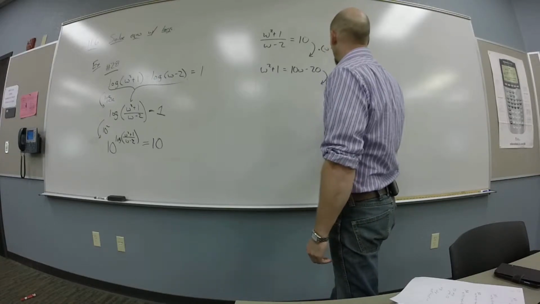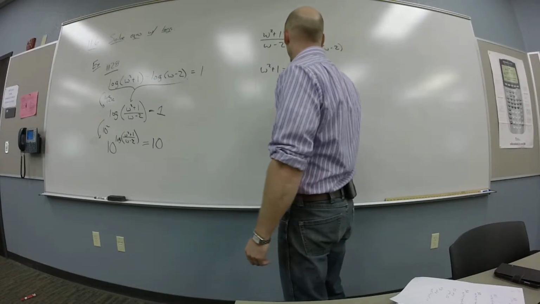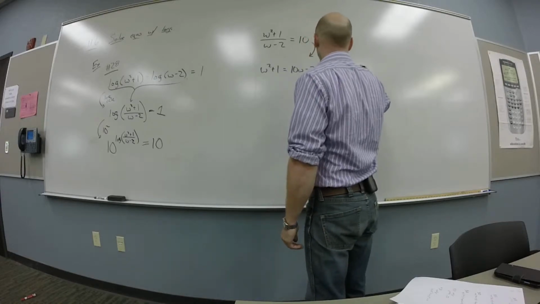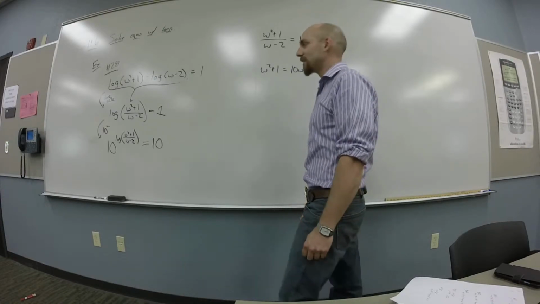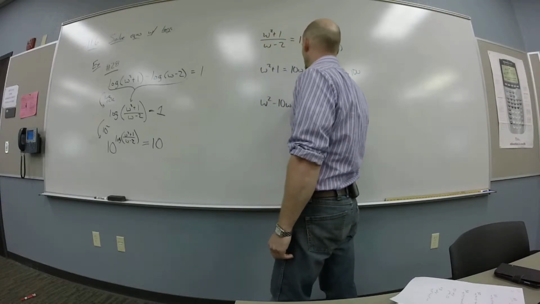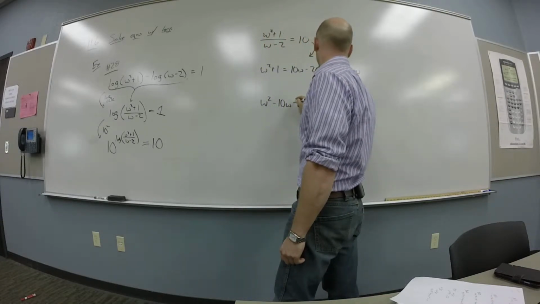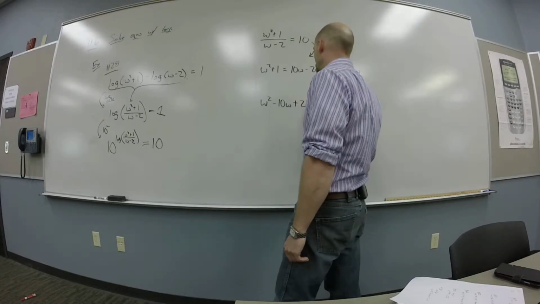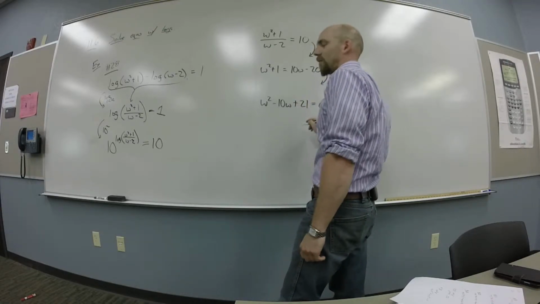So I'm going to add 20 and subtract 10w, which I could even do at the same time. So I've got w squared minus 10w plus 21 is 0.